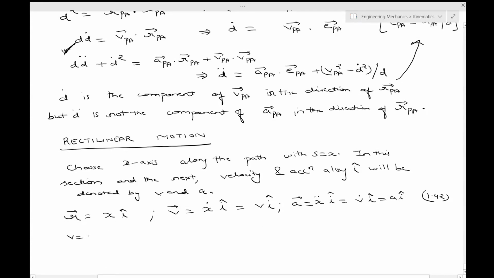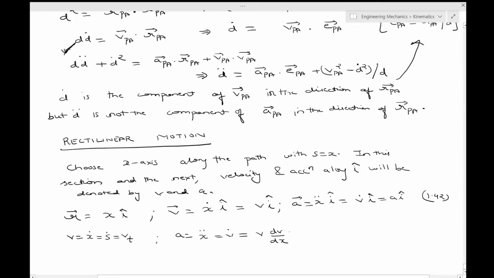So v is equal to x dot is equal to s dot equal to v_t. This is coming from the path coordinate discussions which we have had. If you do not recall any of them, now is the time to pause the video and go back to the path coordinates and see, for example, how is this s dot equal to v_t. Then you will have the acceleration is equal to x double dot is equal to v dot is equal to v dv by dx.